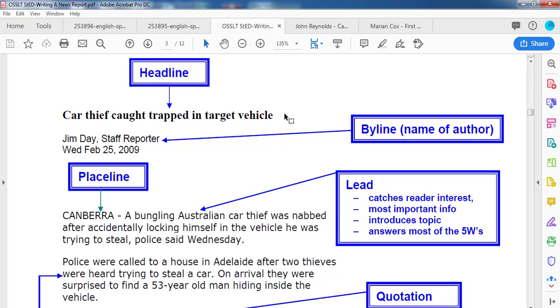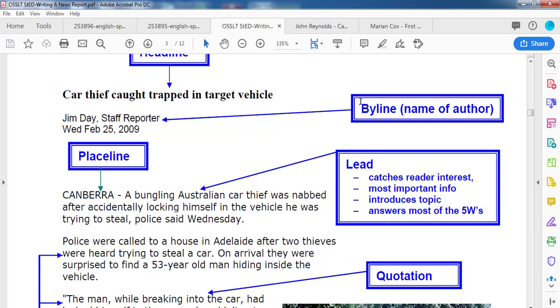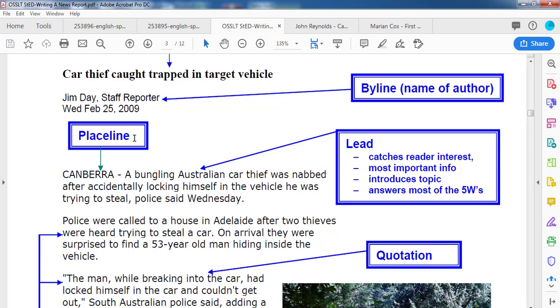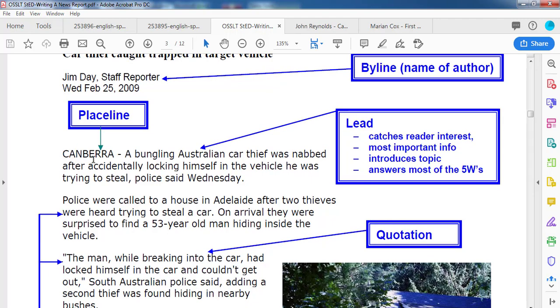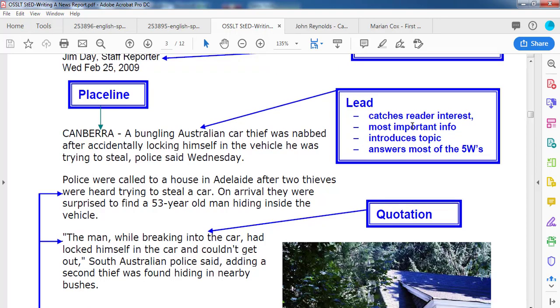We have the headline. It is around 5-6 words, no more than half a line. It is a headline, the first thing. Then we have the byline, the name of the author. Then we have the time when the report was written, the place line, where the story took place, and the lead paragraph.